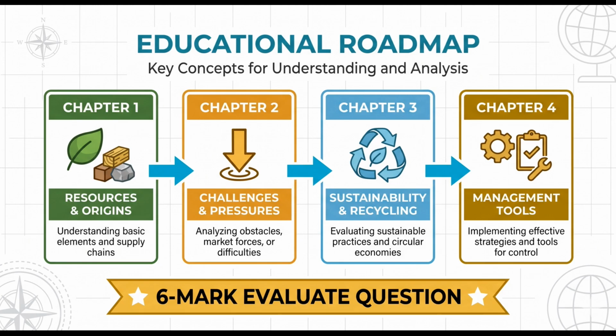Chapter 4 covers the 3 management approaches: conservation, efficiency, and substitution, with examples from Singapore and around the world. And by the end of Chapter 4, you will know exactly how to structure the 6-mark evaluate question on the final exam. That question is worth 6 marks on its own. It is the single highest value question in this unit.